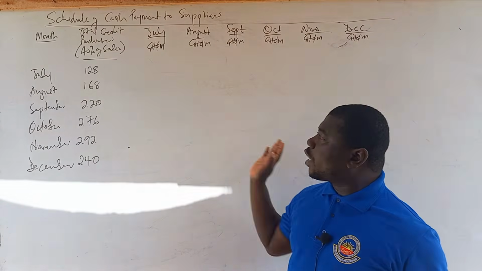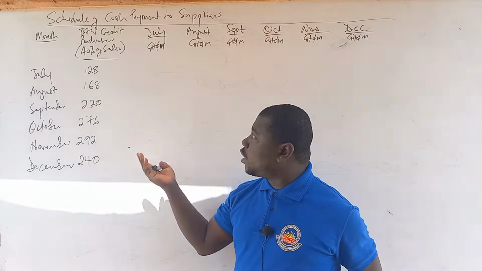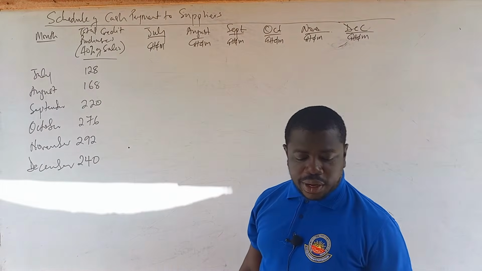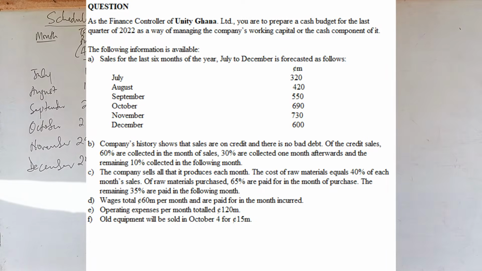All right. Then we can continue with the spreading. Once we've been able to find this, I'm sure the spreading is understandable now. Now let us look at the clause that we have again, according to the information. B: Company's history shows that sales are on credit and there are no bad debts. Okay, so let's move to C. The company sells all that it produces each month.